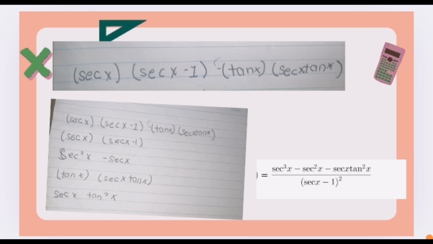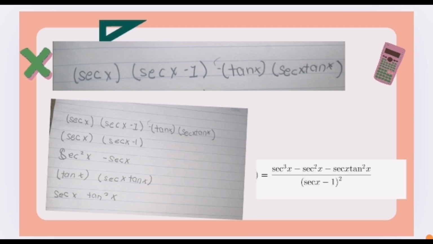I'm going to explain step by step how we expand each term in the numerator. The first is secant x multiplied by secant x minus 1, which expands to secant squared x minus secant x.